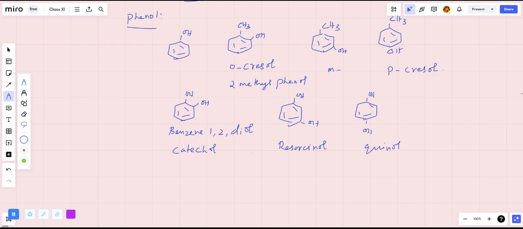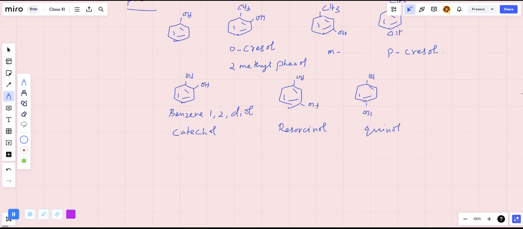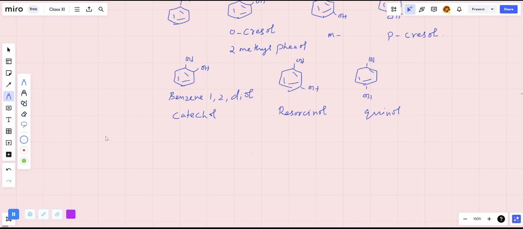Now for ethers, the IUPAC name is a little bit different, so you may easily get confused. Common names for ethers are taken from the alkyl and aryl groups, and while writing we have to use alphabetical order.